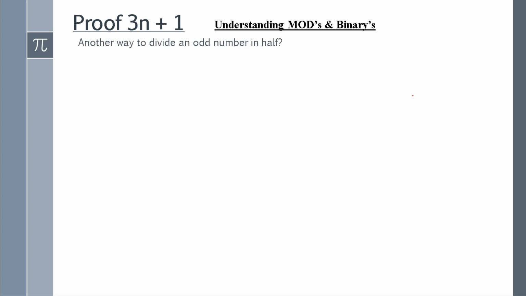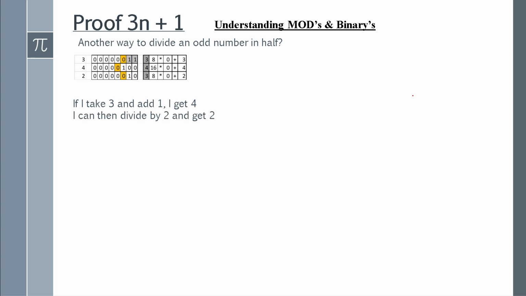And then some other ways we can divide an odd number in half, right? If I take the number 3 and I add 1, I get 4. I can then divide it by 2 and then subtract the 1 that I had, right? And I've divided 3 in half, right?